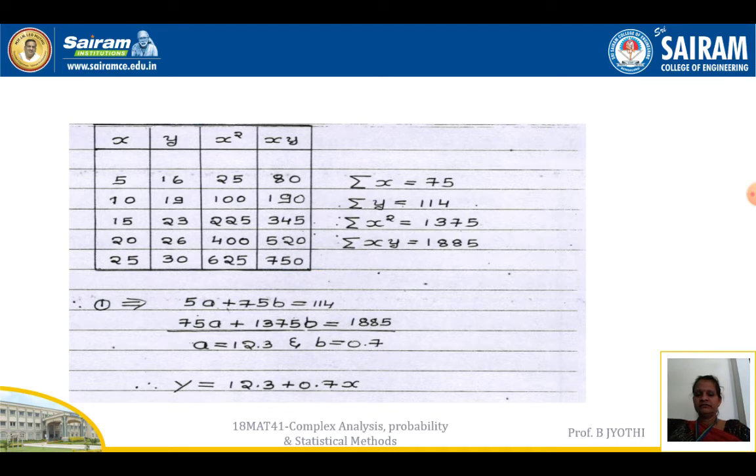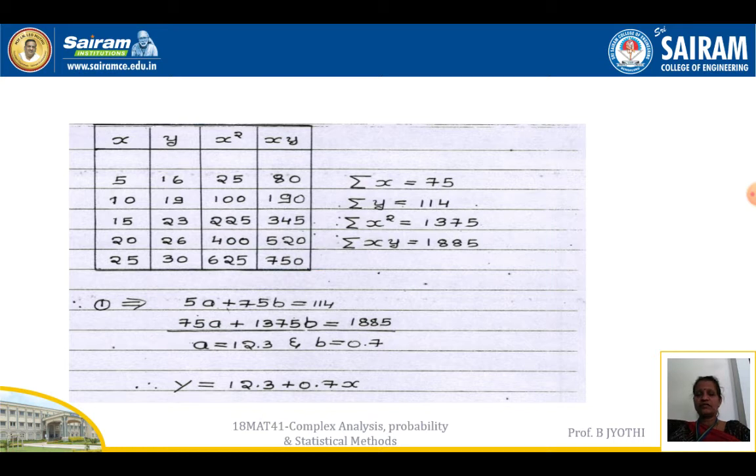Now we need to substitute in the formula, that is na plus sigma x into b. Sigma x is 75, n is 5, equals sigma y, that is 114. And sigma x into a, that is 75a, plus sigma x square into b, that is 1375b, is equal to sigma xy, that is 1885.